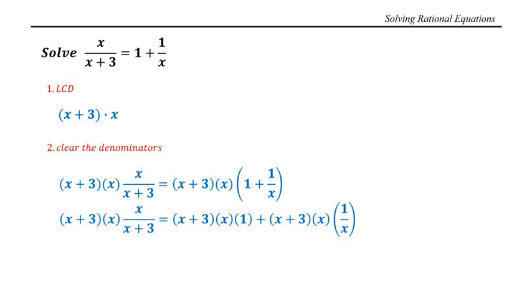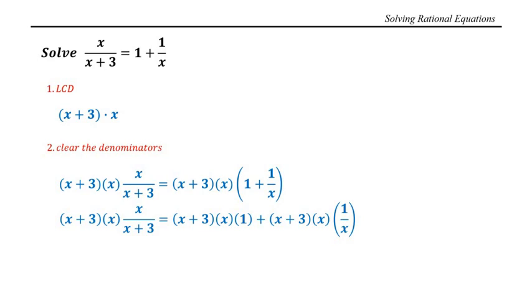If we simplify this, we would have x plus 3 times x over x plus 3, which would be equal to x plus 3 times 1, plus x plus 3 times x times 1 over x. What we did here is take our x plus 3 times x and multiply it first to the 1 value, and then to the 1 over x.